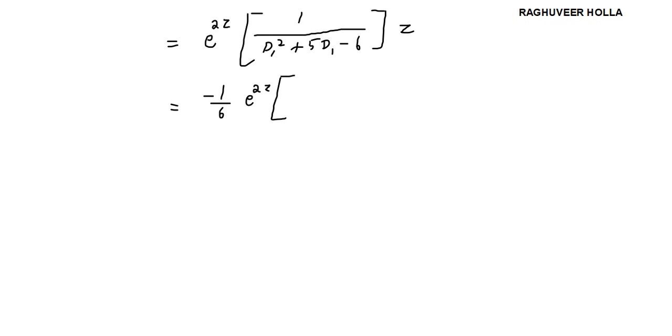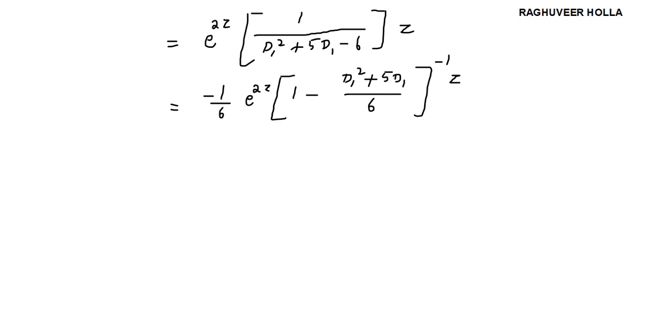Now I can write this as 1 minus of d1 square plus 5 d1 divided by 6, right, and its inverse, multiplied into z.